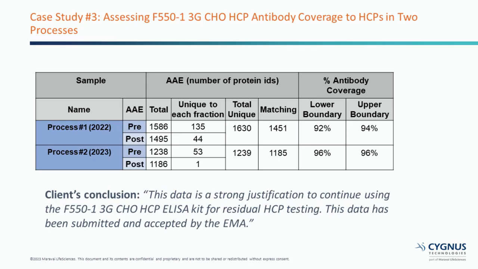And in both cases, we demonstrated the coverage was pretty high, between 92 to 94% in 2022 and 96% in 2023. So this data served as a basis for the client to submit this process change to the regulatory agencies, and this data has been accepted by EMA.